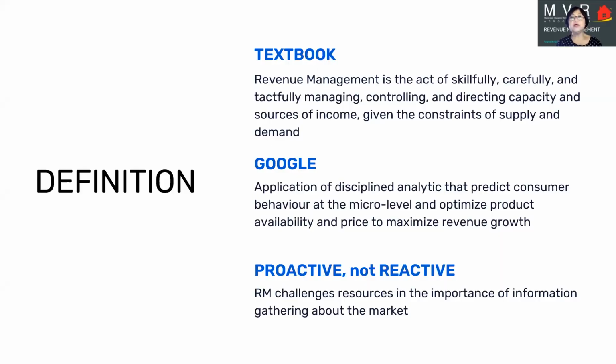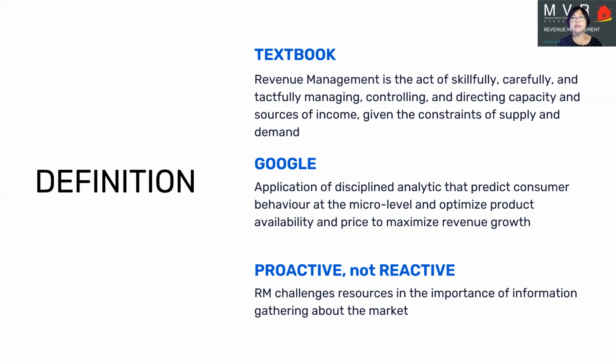In the textbook, it is an act of skillfully, carefully, and tactfully managing, controlling, and directing the capacity and resources of the apartment, no matter how many apartments or rooms you have, given the constraint of supply and demand.